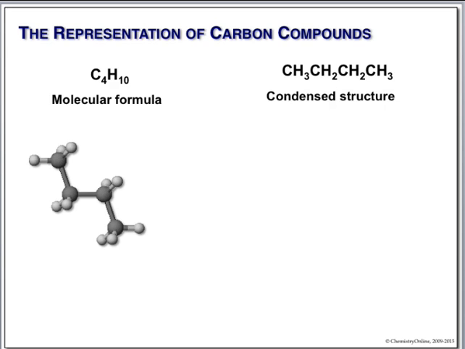Now in a condensed structure, we're going to draw out, or at least label, the things that are attached to each carbon. As you draw it and write it this way, the assumption is that these carbons are going to be bonded together. This carbon is then going to be bonded to 3 hydrogens, 2, 2, and again 3. So this does give us some simple structural information.